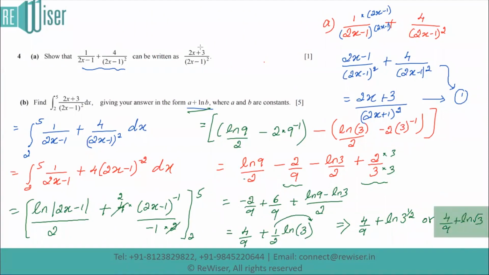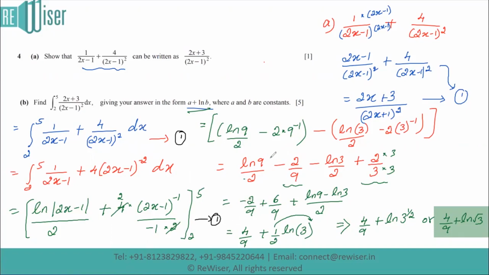So the mark distribution for the sum goes something like that. Using this format can get us 1 mark. Getting the integration correct can give us another mark.